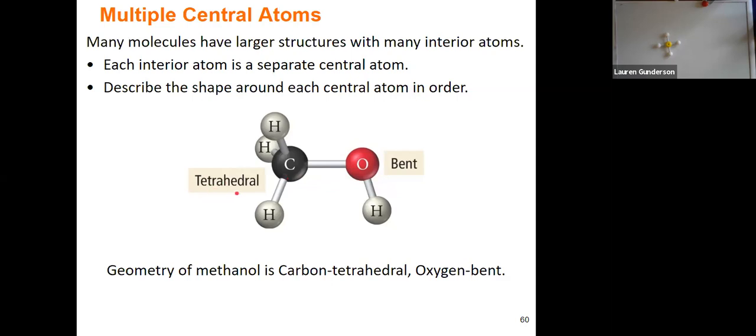This describes a tetrahedral molecular geometry. The oxygen, on the other hand, has 4 electron groups, but 2 of them are bonding groups, and they have 2 lone pairs up here. Okay, so an AX2E2 molecule has a bent molecular geometry.